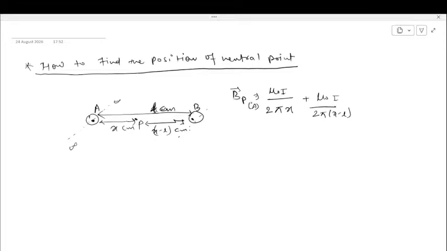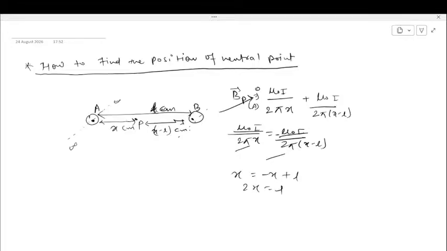Suppose at the neutral point the magnetic field is 0, then mu naught I upon 2 pi x is equal to the negative of mu naught I upon 2 pi (x minus L). Mu naught I cancels with mu naught I, 2 pi cancels with 2 pi, x minus x plus L, 2x is equal to L, x is equal to L by 2. Magnetic field lies in between.